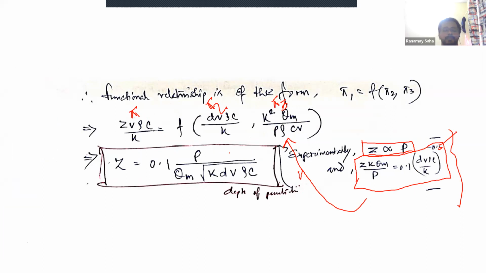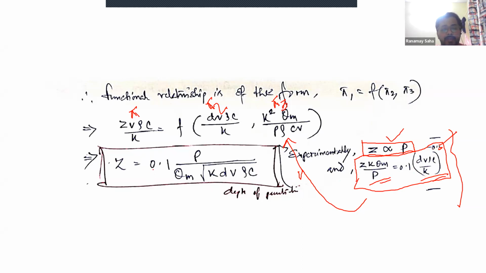After finding out the constants alpha, beta, gamma, and delta for all the 4 variables, you find out the net value of Z by considering the experimental results. It says Z is directly proportional to power P, and this term Z K theta upon P is proportional to 0.1 multiplied by D V rho c upon K raised to the power minus 0.5.